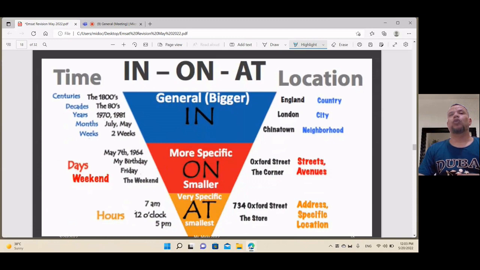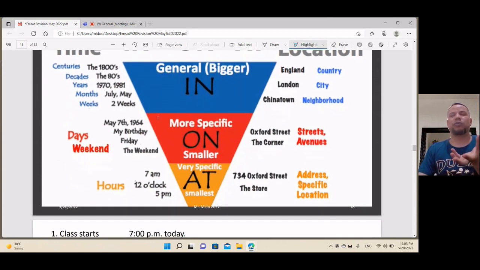Okay. What about something more specific? More specific is on. The preposition on is more specific. When you say England, you say in. But when you say Oxford Street in England, you say on Oxford Street, because Oxford Street is a specific detail.